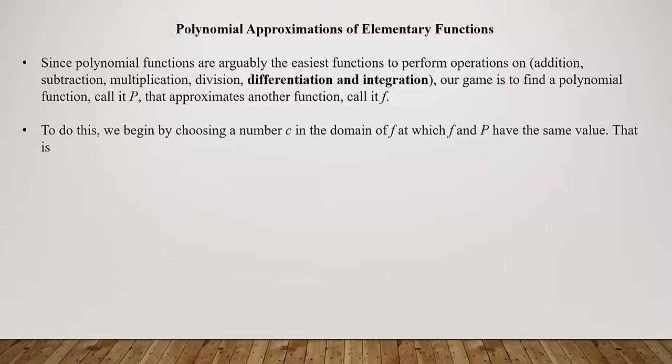Well, to do this, we're going to begin by choosing a number C that's in the domain of F, at which the function F and the polynomial approximating function P have the exact same value.